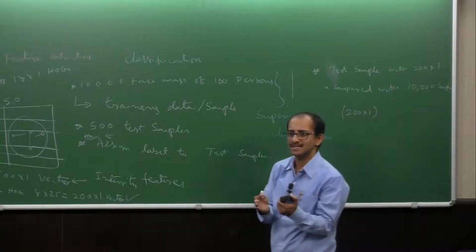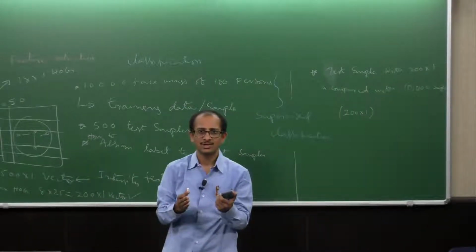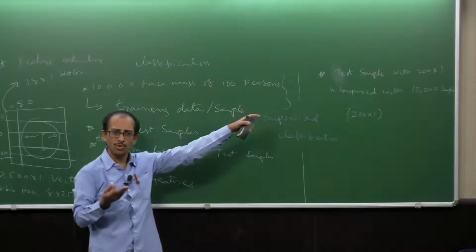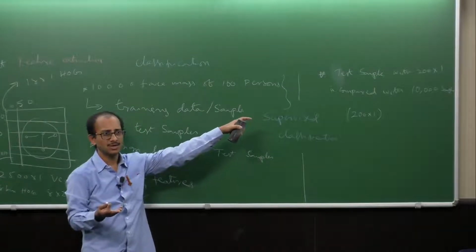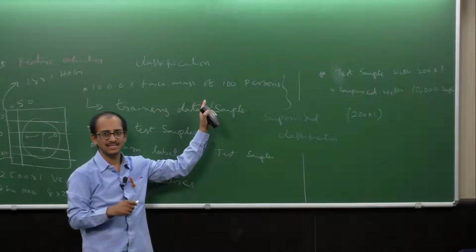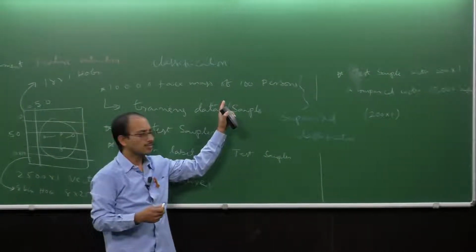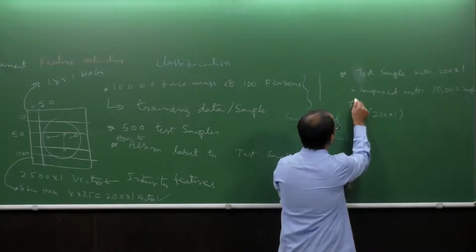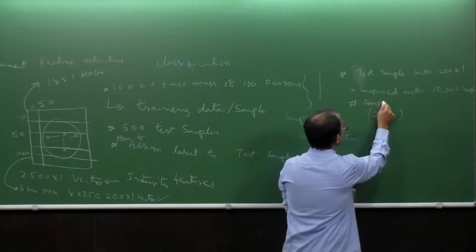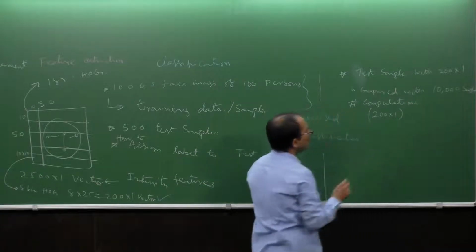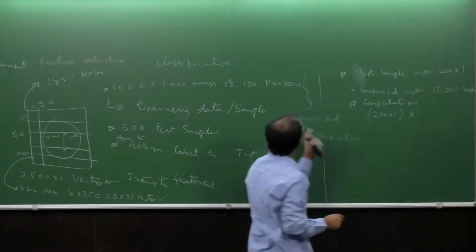Roughly 200. We can consider either correlation, normalized cross correlation, because I have a feature vector here and a feature vector there, or we can consider Euclidean distance. Either is fine. The number of computations is 200 cross 1 into, so how many do I have to compare?